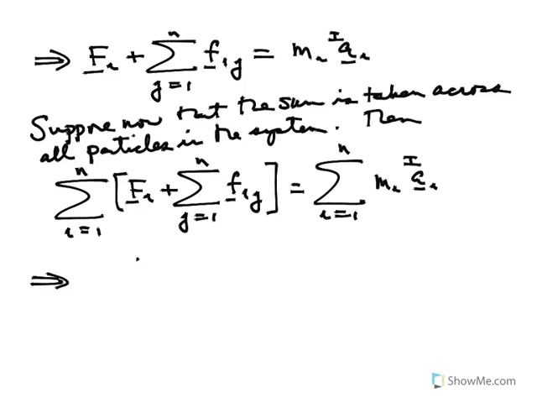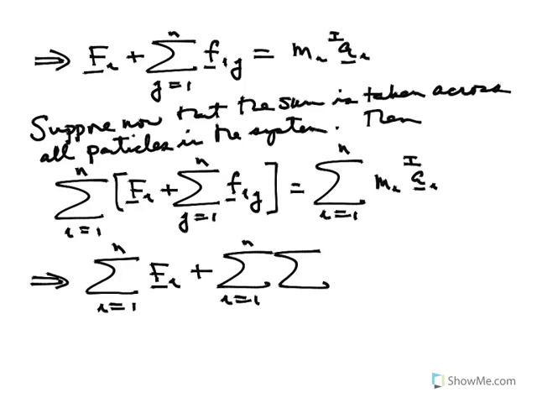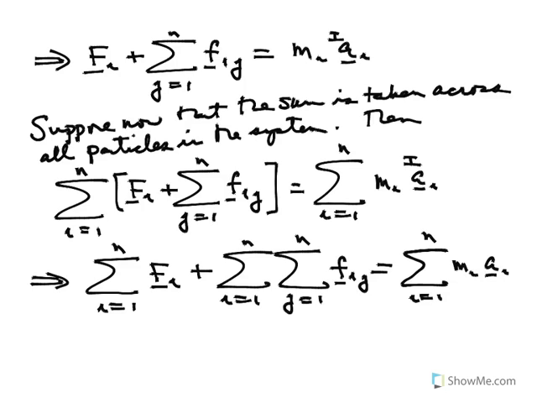So that gives that the sum from i equals 1 to n of Fi plus the sum from i equals 1 to n of the sum from j equals 1 to n of Fij has to equal the sum from i equals 1 to n of mi times the acceleration in the inertial frame.